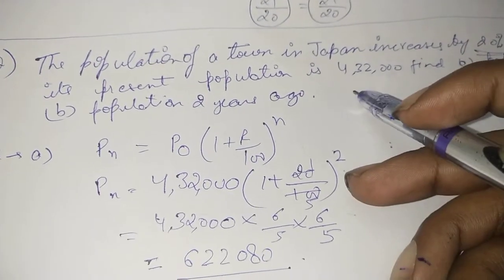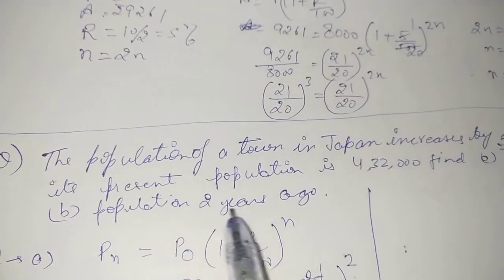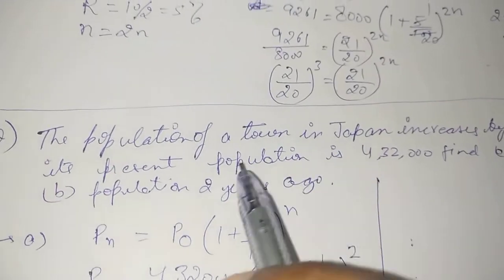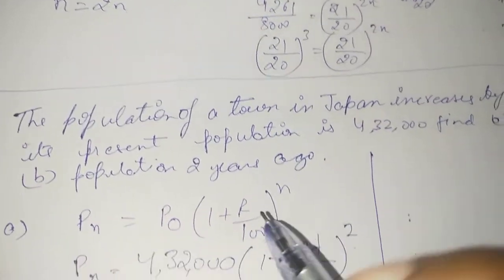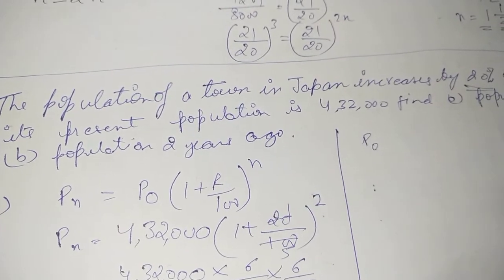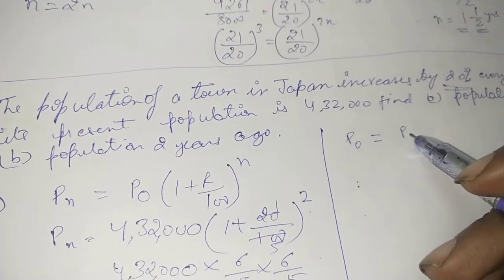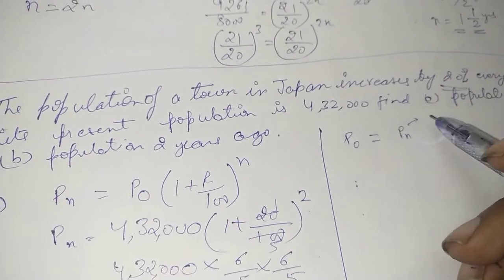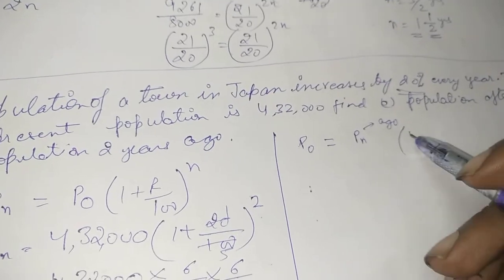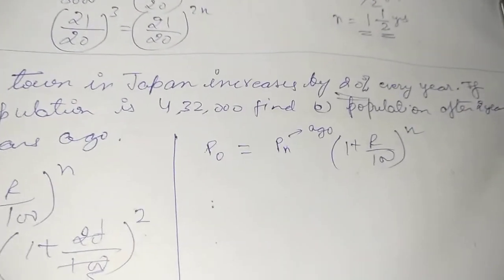Now this is one of the cases. Now there is one more part in the same question, population 2 years ago. When it says population 2 years ago, there will be a bit of difference. In that case, you can write down that the present or original population is equal to the population n years ago, this will be the ago case, into 1 plus R upon 100 to the power of n.